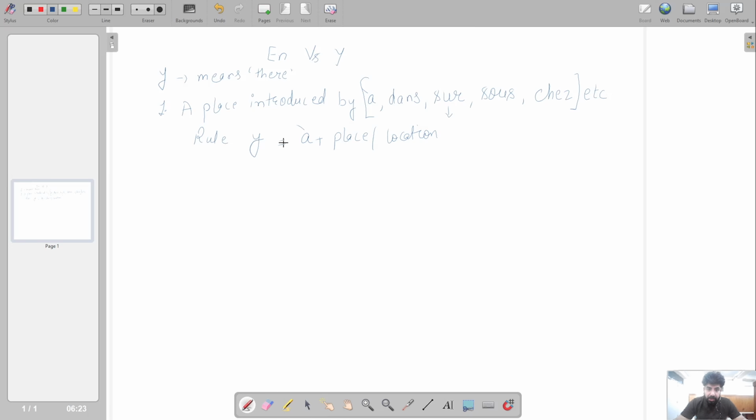Okay, then there is another part of it, and it should be always used for a thing. Okay, so it should not be used for a person but a thing introduced by à. Okay, and it should not be a person.